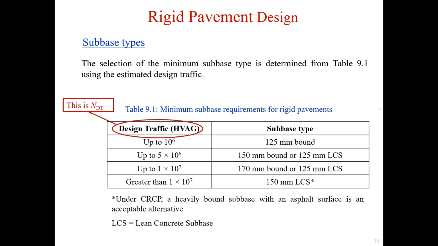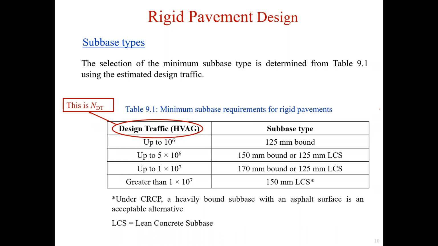Once we have the design traffic, the selection of the minimum subbase type is determined from table 9.1. According to different calculated DNT, we choose different types of subbase from this table. Within the table, the LCS stands for the lean concrete subbase.